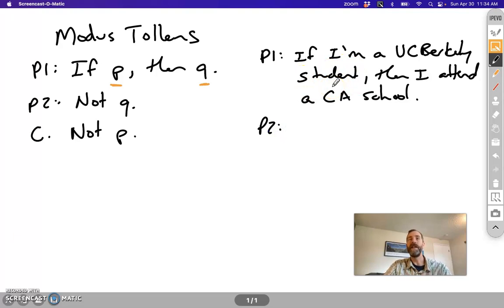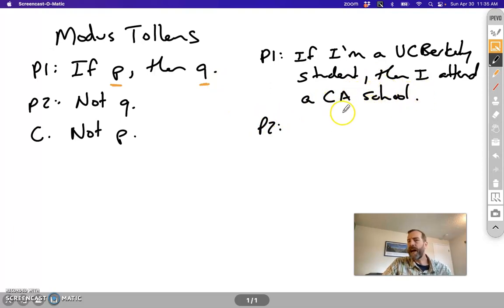Yes, it's true. Even if you're a Clark College student, it's still true that if you were to attend UC Berkeley and be a UC Berkeley student, then you would be attending a California school, because the hypothetical doesn't say anything about reality. It just talks about a possible world, and it's a true statement.